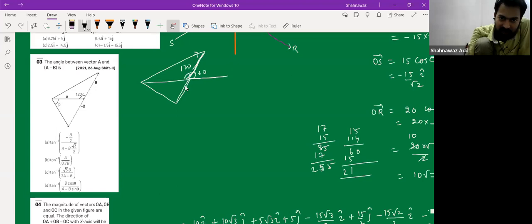So this would be 60, right? And what do we know about the subtraction of vectors? What is the angle? Yes, sir. So the angle is 60 here.